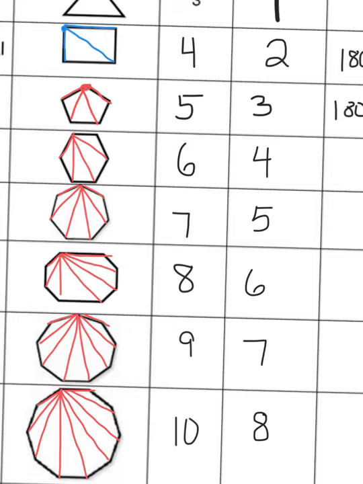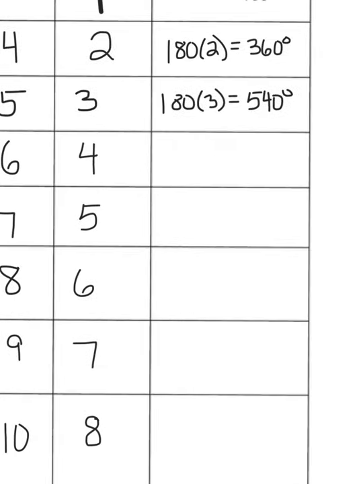Right, so as we're doing this, you could just add 180 each time, so this becomes 180 times 4, or 720 degrees. And I'm just going to keep adding 180 because it adds a triangle every time.